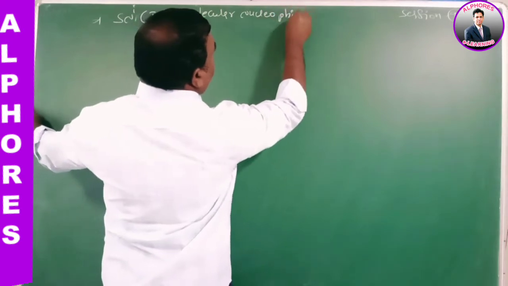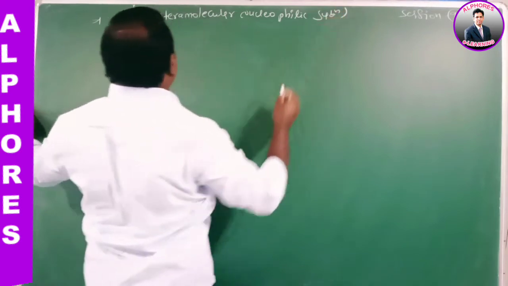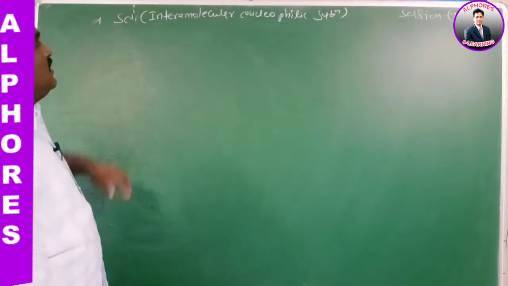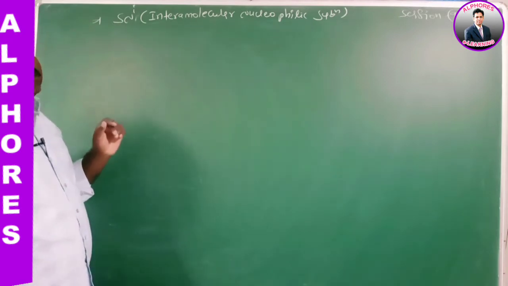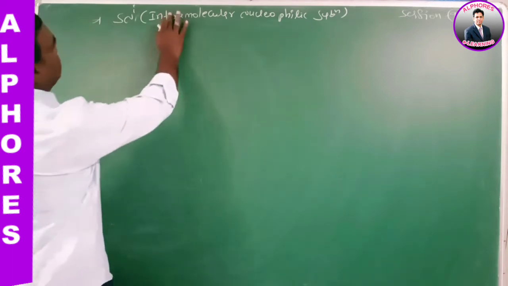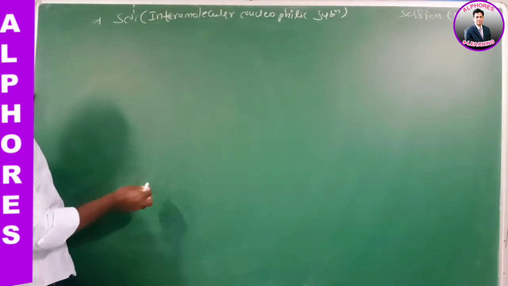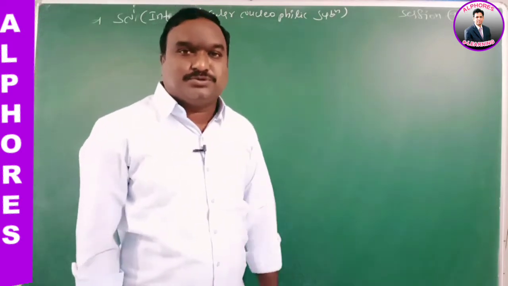In SNi, i means intra or internal, N means nucleophile, S means substitution. What type of compounds undergo intramolecular nucleophilic substitution reactions?